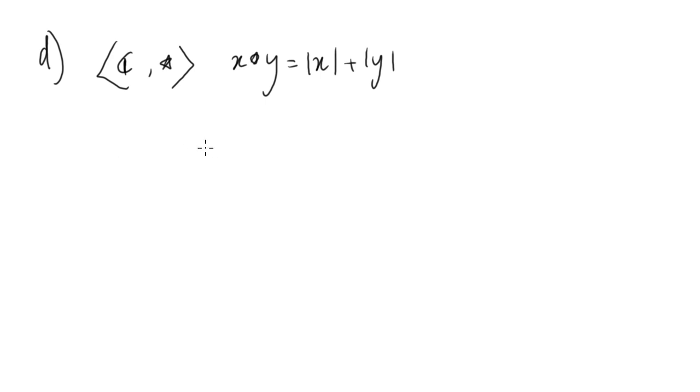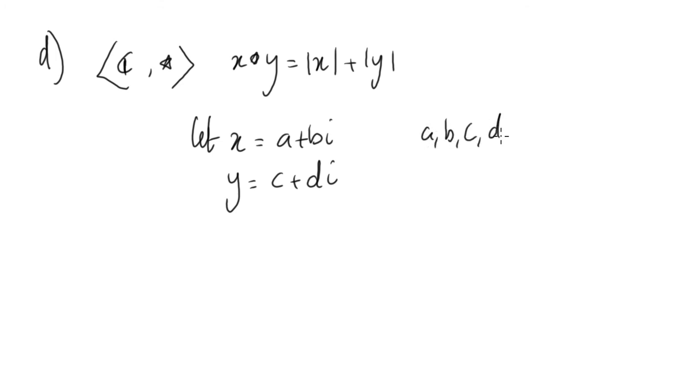Again, we can see that the magnitude of any complex number is going to be a real number. We can say let x equal a plus bi and let y equal c plus di, where a, b, c and d are all real numbers.